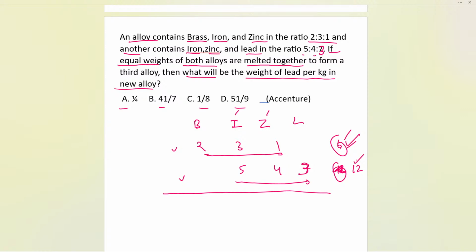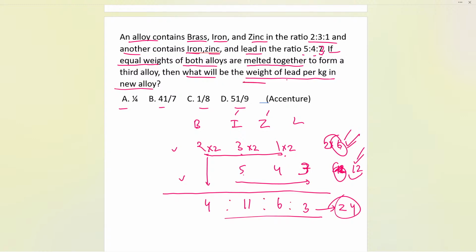How? This is 6, this is 12, so we have to multiply each number by 2. After multiplying by 2, this will become 12, and this is already 12. So now we are adding: 6 plus 5 is 11, 2 plus 4 is 6, and this is 3 over here. Together, if I add it, it will be equal to 24. Now these are ratios only. Again, it is asking the weight of lead only.